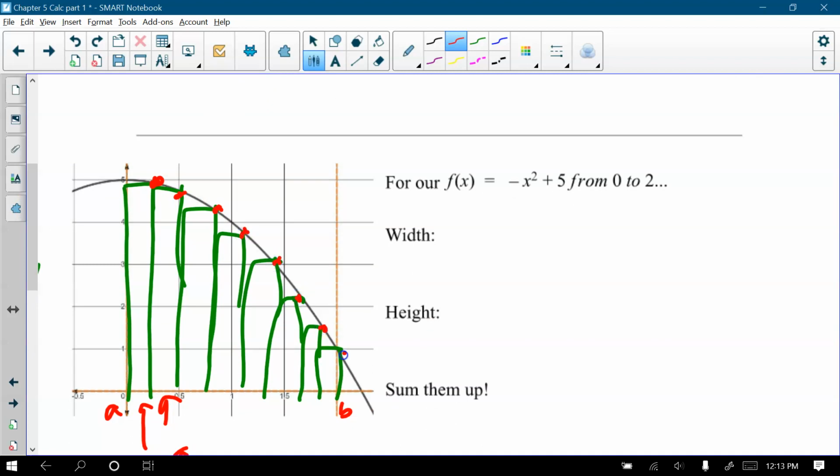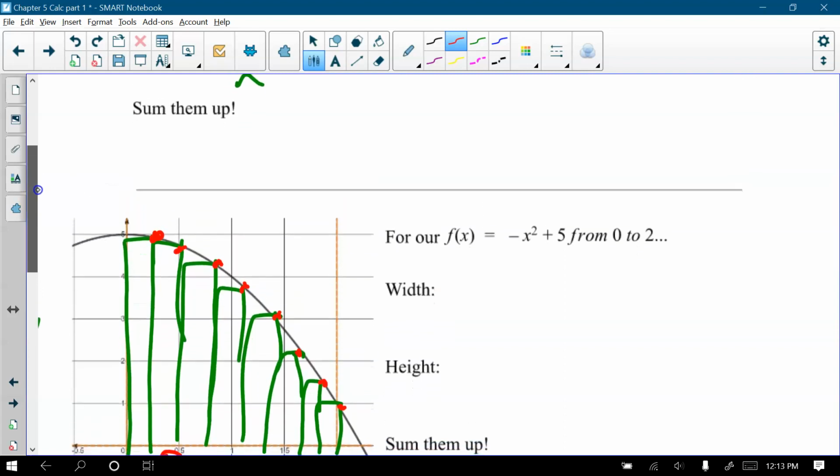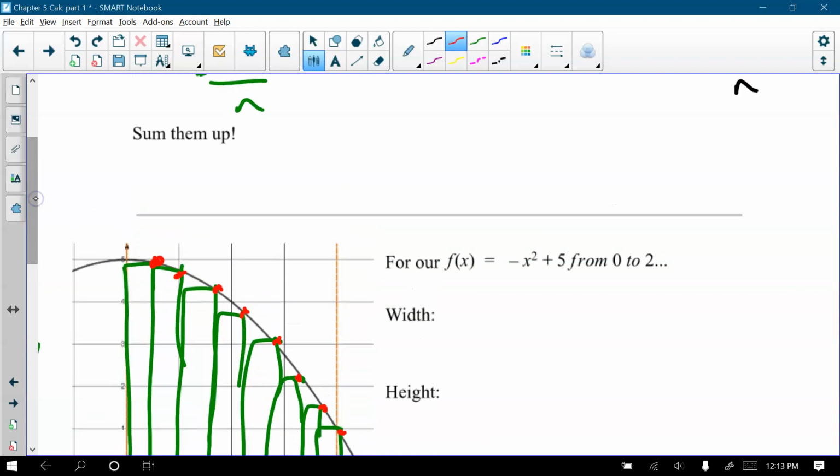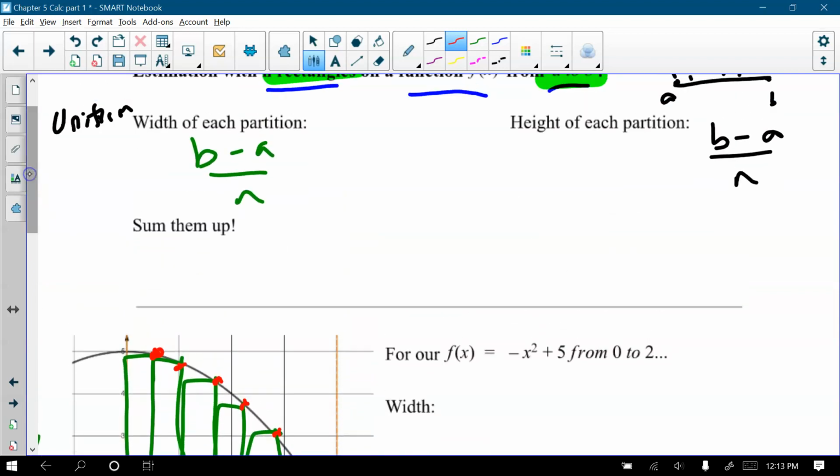But we can use some math to find a general formula for the height at every single rectangle, which is kind of cool, actually. So we'll use right-hand rectangles for this because that'll be easier. Again, left-hand rectangles are possible, but a little bit harder. And here's what we're going to get. Our height is going to be, well, let's see.